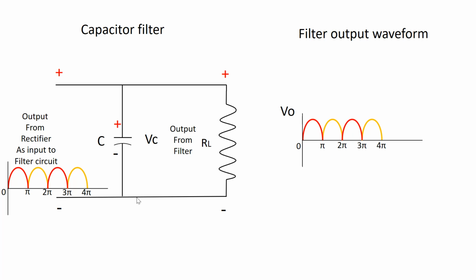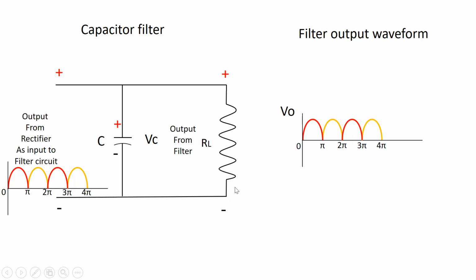The circuit arrangement is quite simple, wherein a single capacitor is used here. This is the only filtering circuit element of this network, wherein this circuit receives the output of the rectifier as the input, as seen in the waveform here, and the filtered quantity will be given as the output to this load resistance.